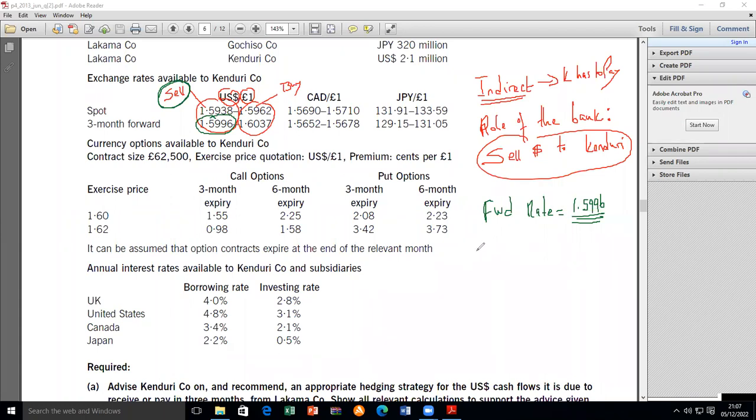So if we use the forward contract, or the forward market, how much will this transaction cost us? How much will it cost us?